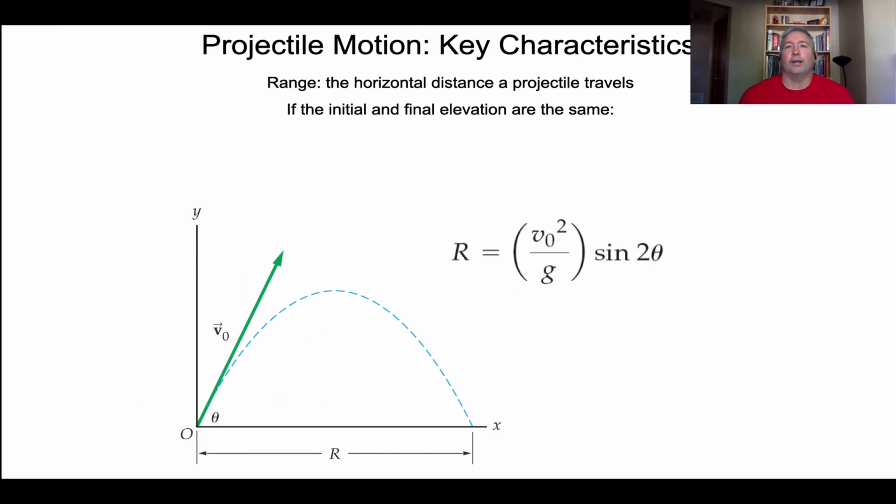This formula here is called the range formula. This is done by combining the angle and the initial velocity, and our previous formulas, to get a delta x for a given velocity.